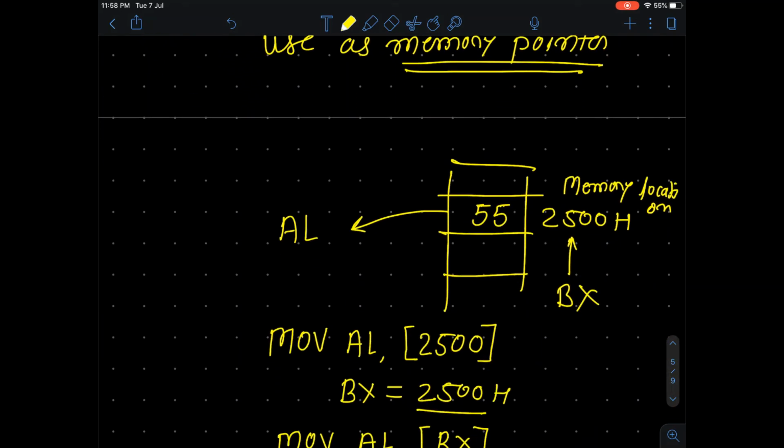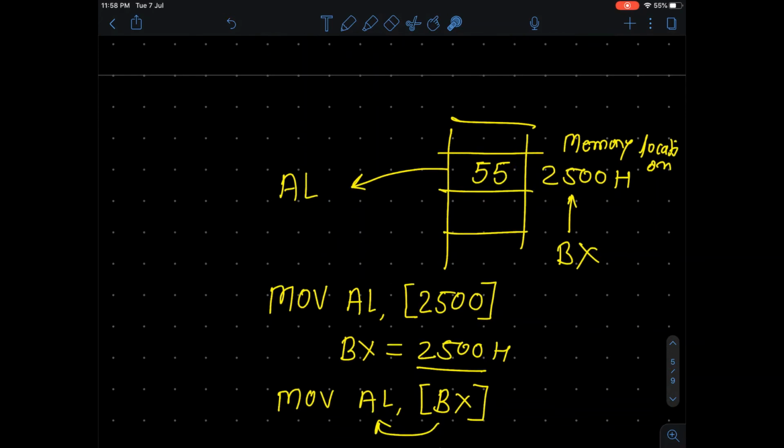Here, if the memory location is 2500 and the content of 2500 is 55, which has to be transferred into the AL register, this operation is specified like this: MOV AL, [2500], which means transfer the data from memory 2500 to the AL register, in this case 55.